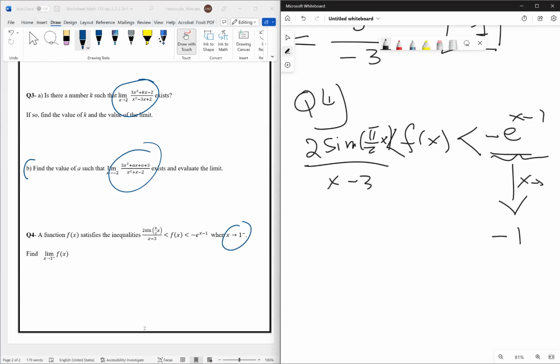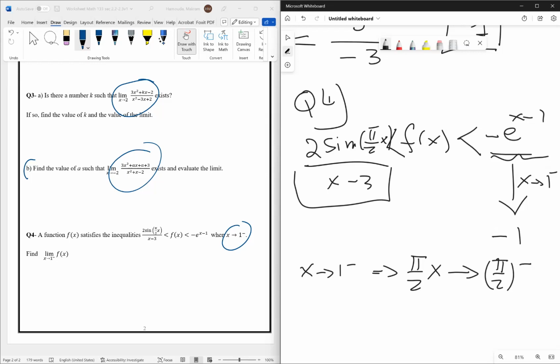x approaches 1 minus. Okay, now in the right part here, when x approaches 1 minus, that means pi over 2x approaches pi over 2 minus. What is the sine of pi over 2 minus? It's equal to 1. If we want to be precise, it's 1 minus, okay?